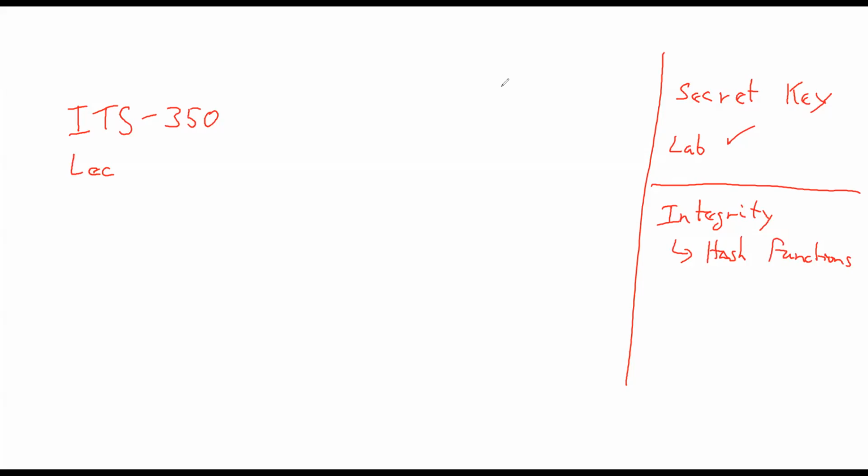Just to give you an example, primitives like hash functions were used to create things like blockchain and Bitcoin. Now we're not going to cover that in this class. That's a topic in and of itself.